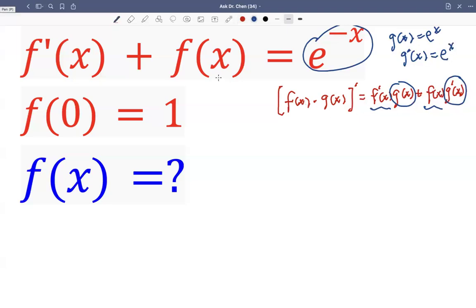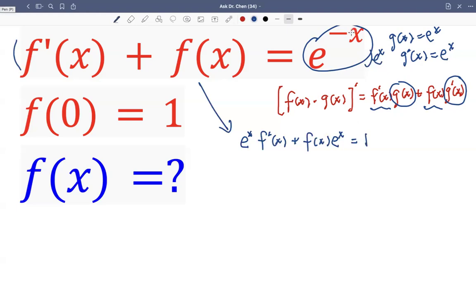So if we multiply e to the x on both sides, with every term, this equation changes to e to the x times f prime of x plus f of x times e raised to x, and it equals 1.